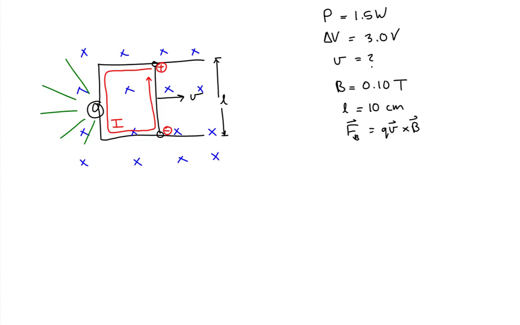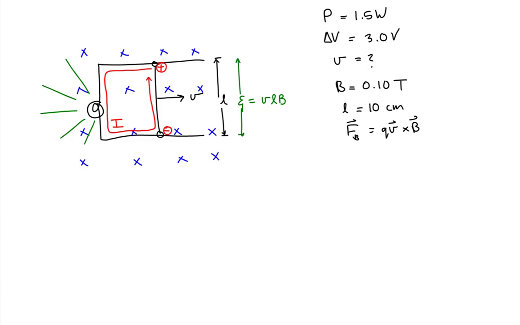From work we've done in previous examples, we know that the potential difference between the ends of this movable wire will be what we call the motional EMF, and that motional EMF is the product of that wire's speed, its length, and the magnitude of the magnetic field.